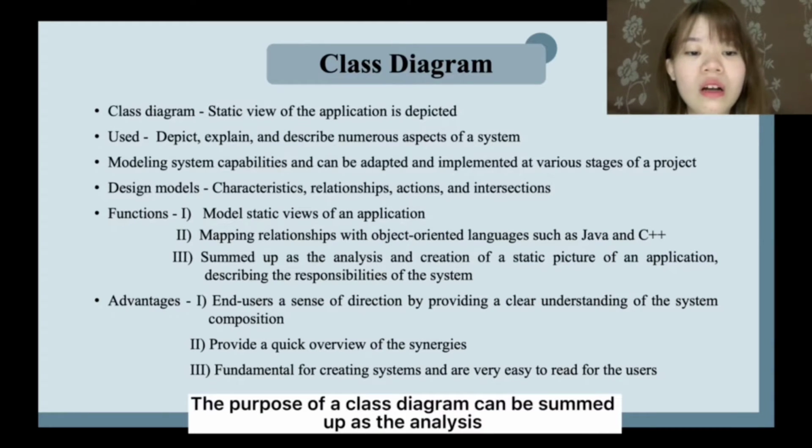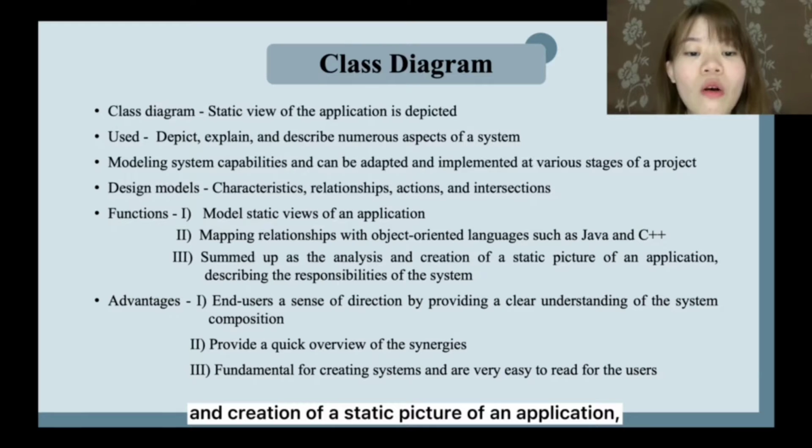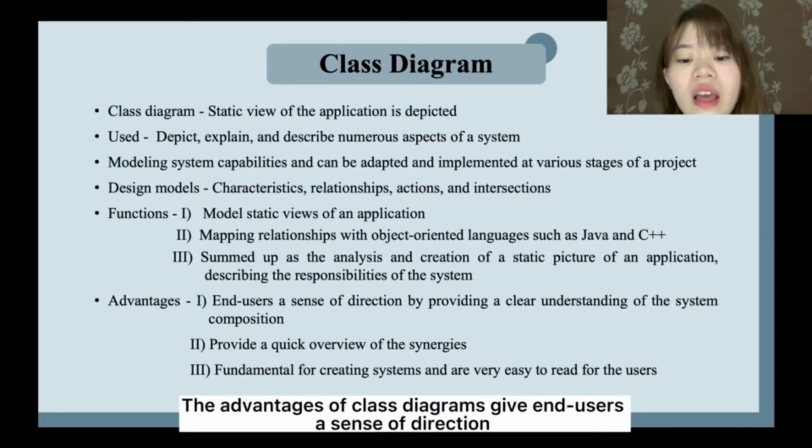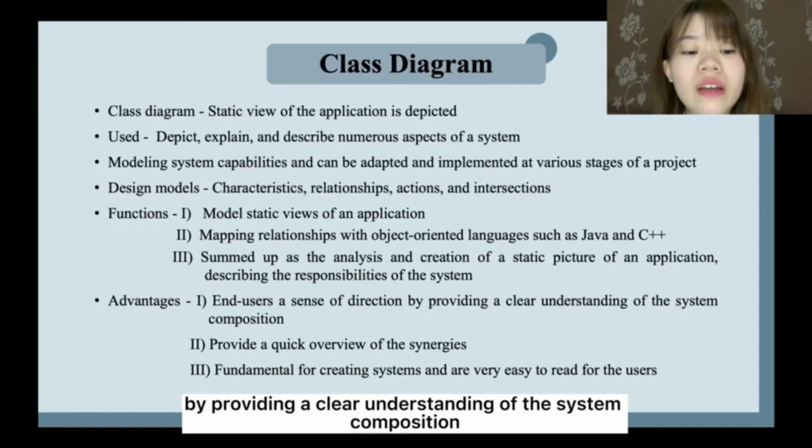The purpose of a class diagram can be summed up as the analysis and creation of a static picture of an application, describing the responsibility of the system and many more. The advantage of class diagram is that it gives end users a sense of direction by providing a clear understanding of the system composition.